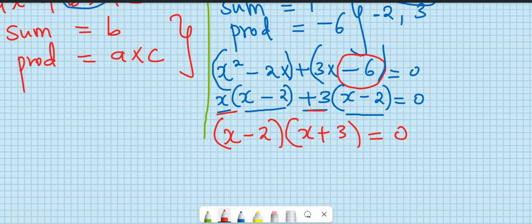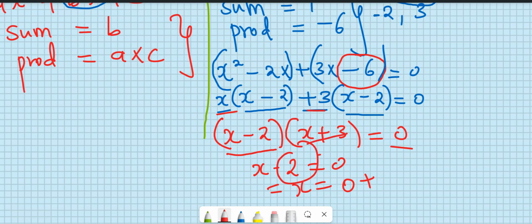Now the next step is to equate each factor with 0 to get the value of x. So x1 will be given by x minus 2 equals 0, which implies that x equals 0 plus 2, because the negative goes to the other side as positive, which comes to 2.